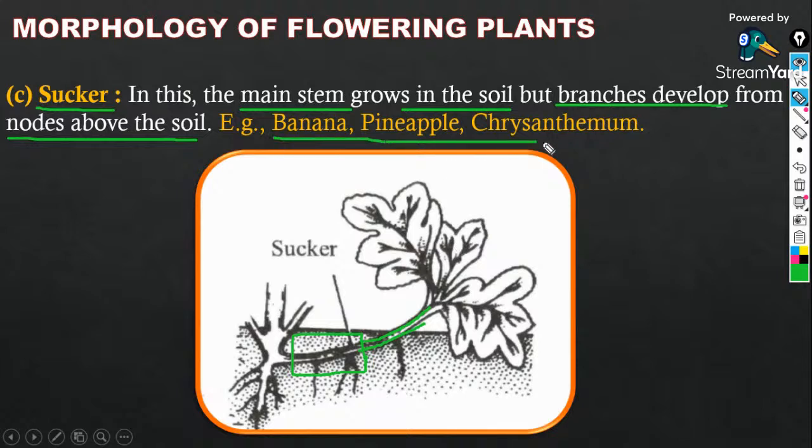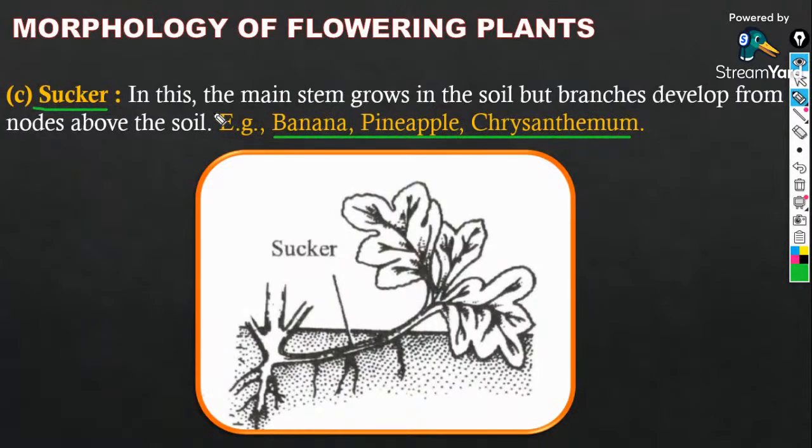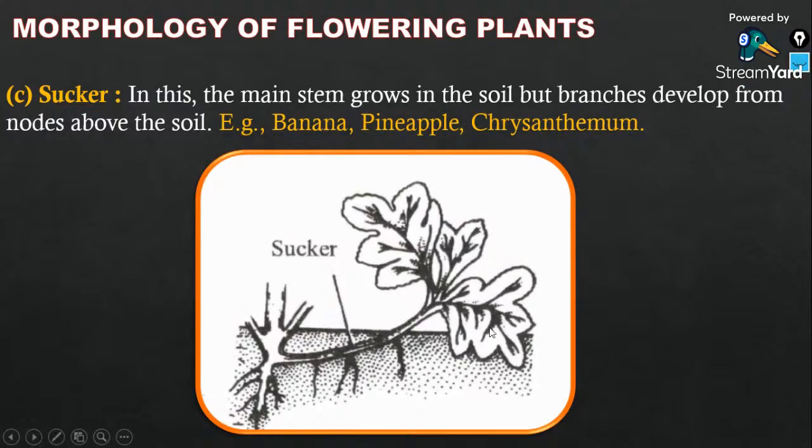Examples are banana, pineapple, chrysanthemum, etc. Hearts on the screen if it's clear, guys. So sucker examples are banana, pineapple and chrysanthemum.